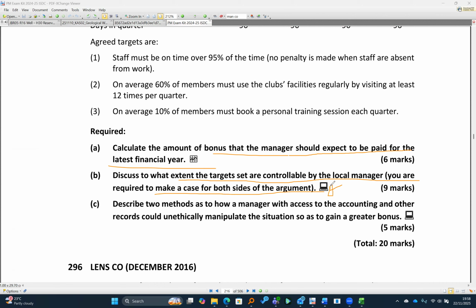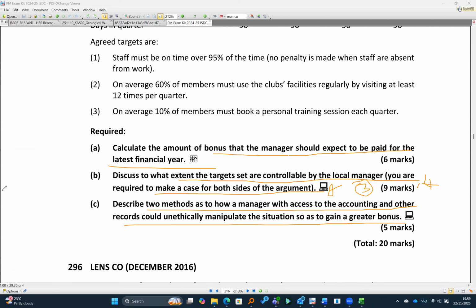Because these are 9 marks, you can make 3 points for one side and maybe 4 for the other, or you can make 3 points, something that comes from the scenario that we have. And then now describe 2 methods as to how manager with access to the accounting and other records could unnecessarily manipulate the situation so as to gain greater bonus. So it's about performance management.